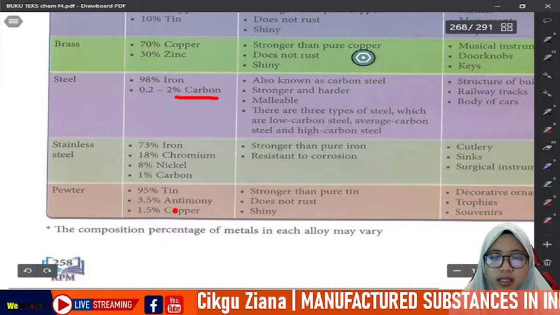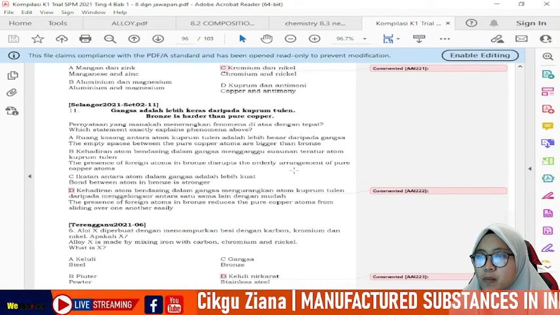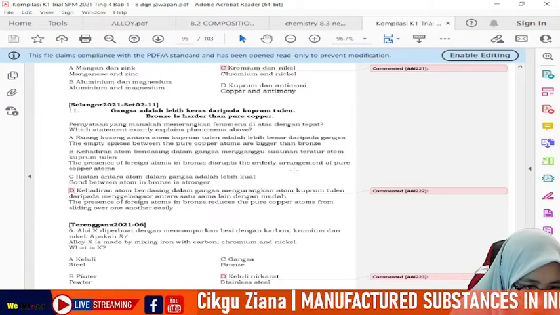Okay, next. Bronze is harder than pure copper. Which statement exactly explains the phenomenon above? Jianing, the answer is? Sekejap, cikgu. So, why?